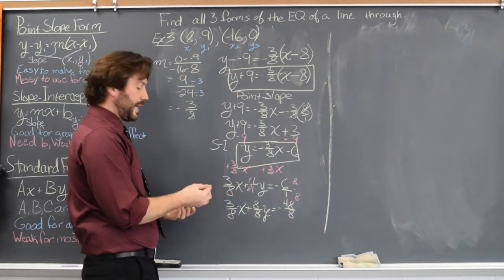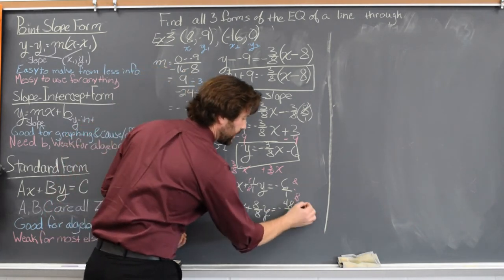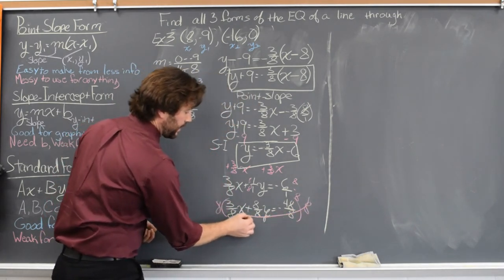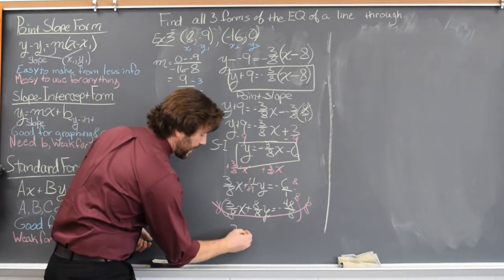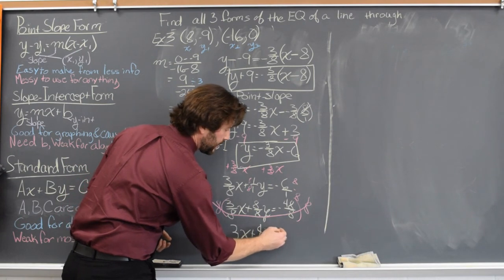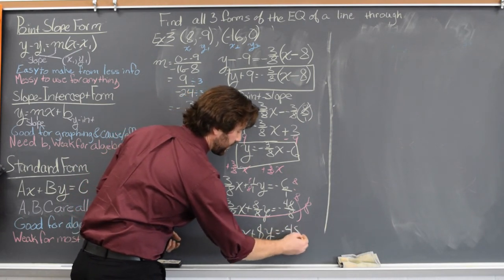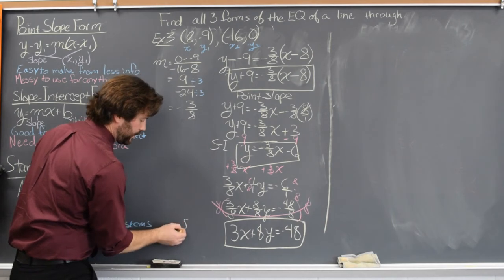Then we do that smiley cancel. We multiply both sides, the entire equation, by 8, and all those denominators cancel, and I just have 3x plus 8y equals negative 48. And here's standard form.